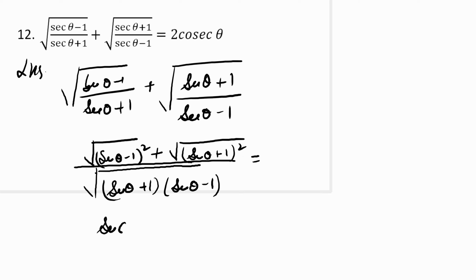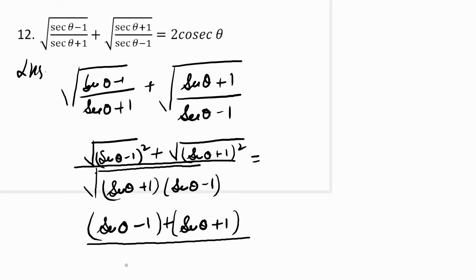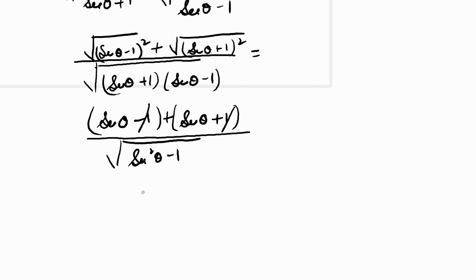It will become sec theta minus 1 and this one will become plus sec theta plus 1 and this will become under root sec square theta minus 1. Now sec square theta minus 1 is tan square theta. And what will happen over here is minus 1 plus 1 will cancel out. So it will become 2 sec theta.